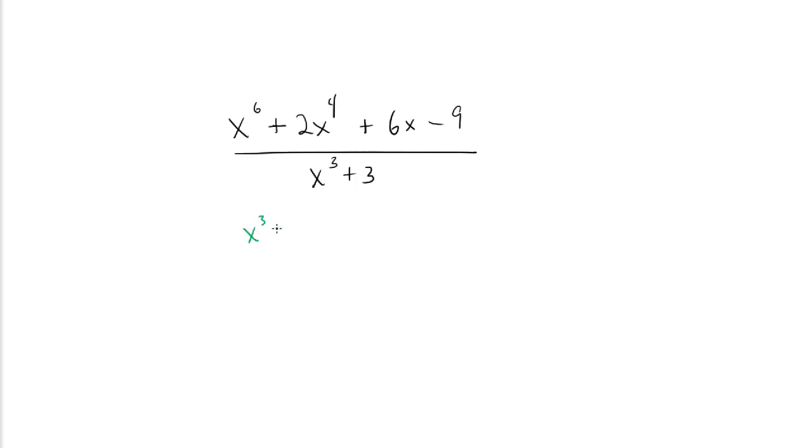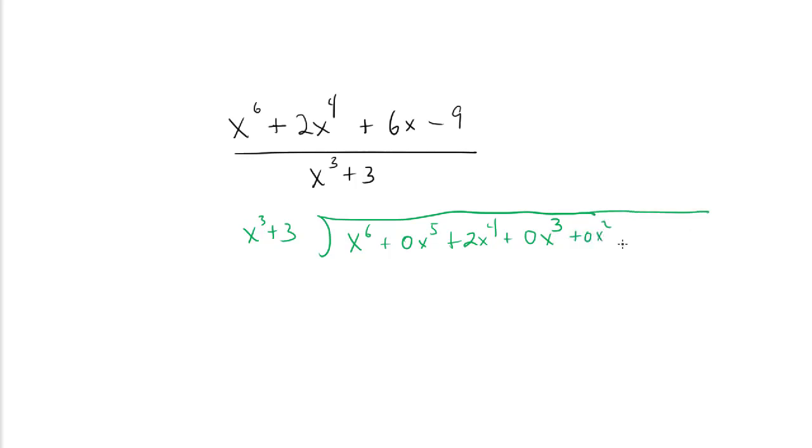So what if I have x cubed plus 3, and I'm going to divide that into my numerator polynomial. I'm not just going to write x to the 6th and then my 2x to the 4th. I'm actually going to add a 0 x to the 5th column, then my 2x to the 4th column, and then a 0 x cubed column plus a 0 x squared column, plus then my 6x minus 9.